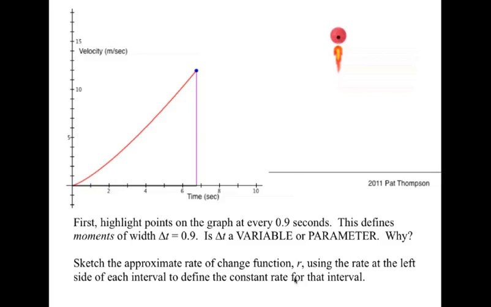You're going to use those rates as the constant rate. So for each interval, use the rate at the left side to be the constant rate for that interval. You're just drawing. You're not writing out what R is, just drawing it to get the idea of it, right? So just drawing R.